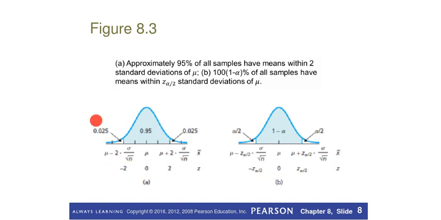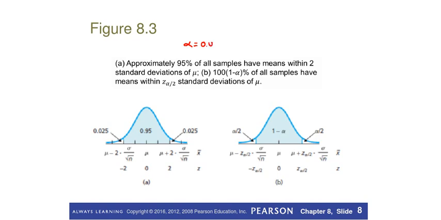About 2.5% will be less than our mean, and 2.5%, for a total of 5%, will be above our mean. This, by the way, is a very important idea. We call that total probability that falls outside alpha. That's our alpha level here, and our alpha level in this case is 0.05.